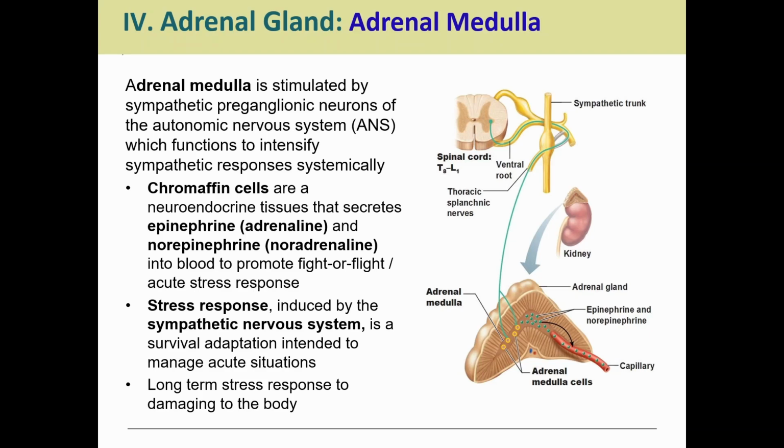You have chromaffin cells, which are neuroendocrine tissues, so they're going to be that in between. They're going to secrete epinephrine, which you know as adrenaline maybe, and norepinephrine or noradrenaline for your fight or flight, or sometimes better known as a fight, flight, or freeze response.